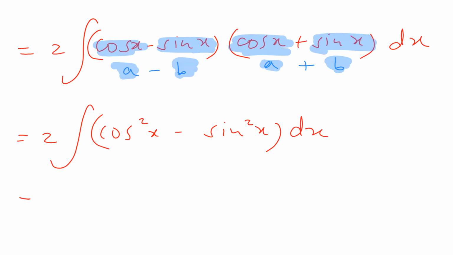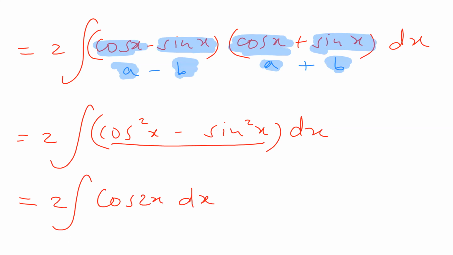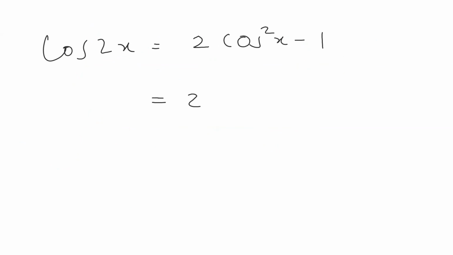Now try to understand, there is one more half angle formula: cos square x minus sin square x is cos 2x. I'll give you a list of half angle formulas of cos 2x. Cos 2x is equal to 2 cos square x minus 1. It can also be equal to 1 minus 2 sin square x.